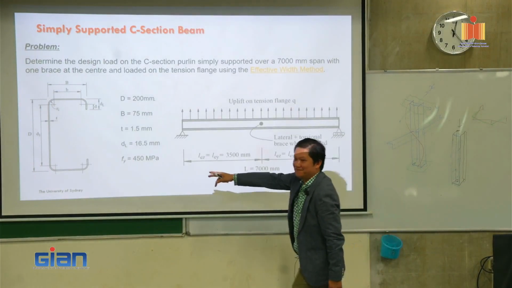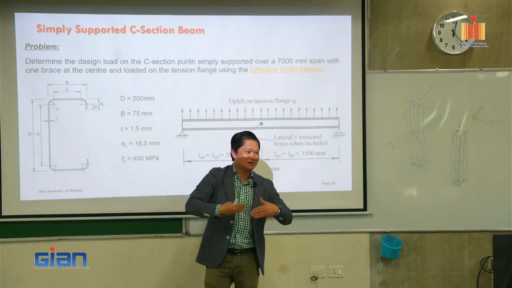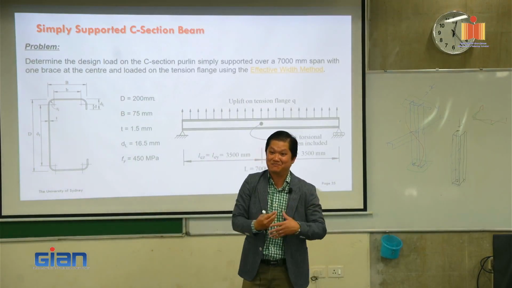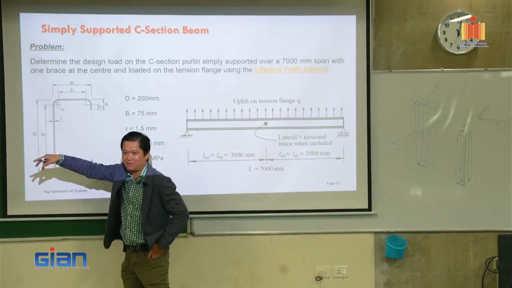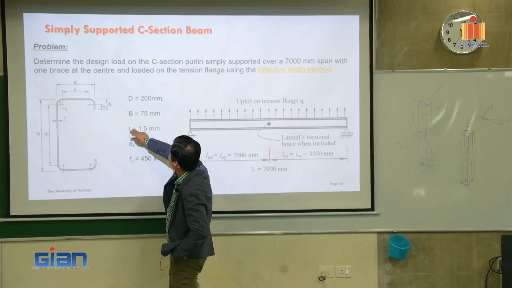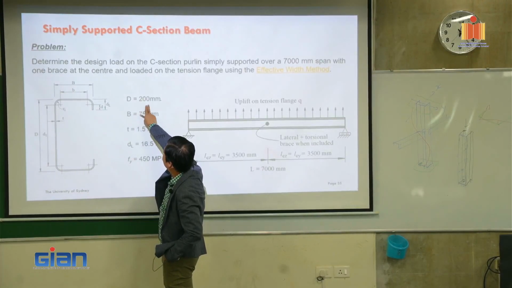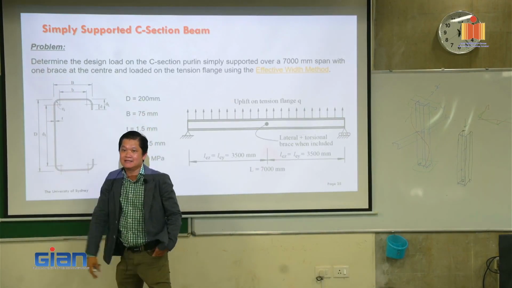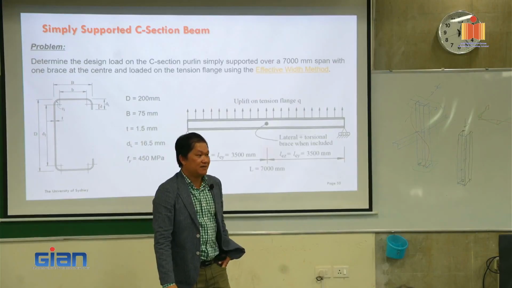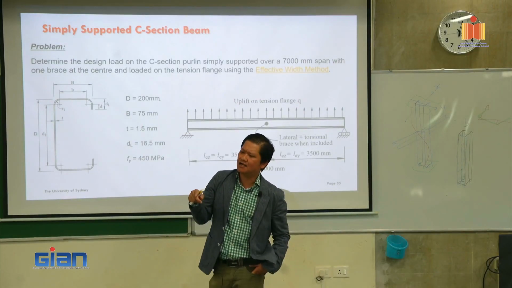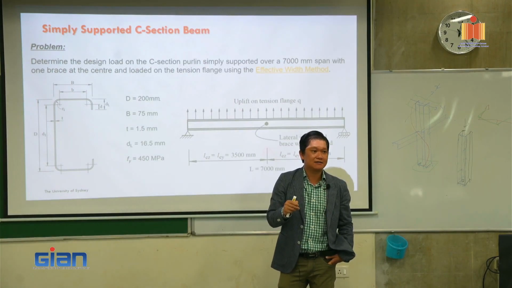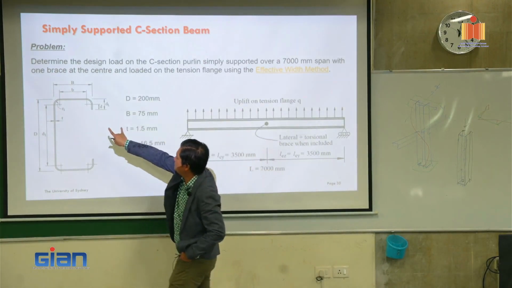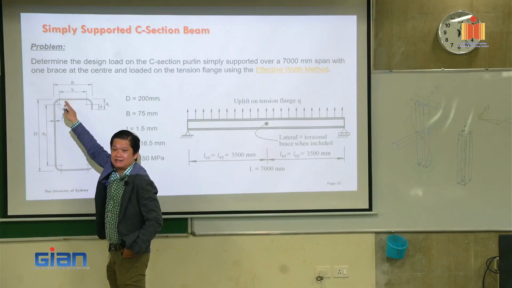But for beam, the job of the beam is to carry bending. So that's why in the cross section popular in Australia, we choose the depth of 200 and the width here 75 millimeter. So it's really about 0.33 or something. It's about 1/3, the ratio between the flange and the depth.